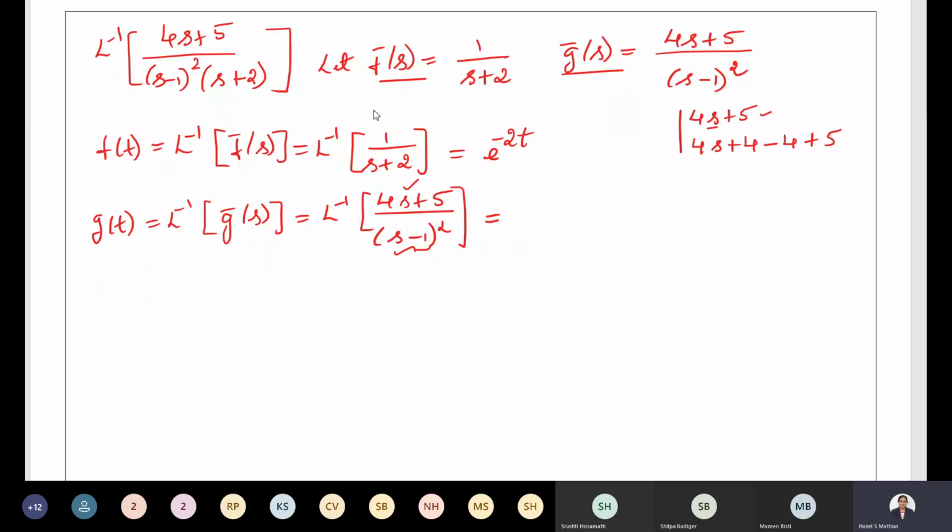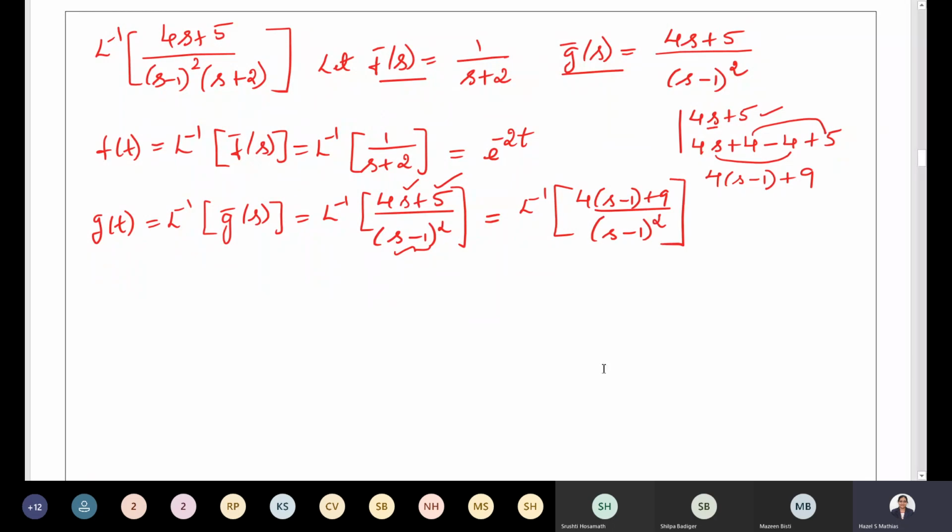Then the remaining 5. Now if you combine 4s minus 4, it will be 4 into (s - 1), and minus 4 plus 5 is 9. So the numerator can be transformed into L inverse of (4 into (s - 1) + 9) divided by (s - 1) whole square. Is it clear, everybody?